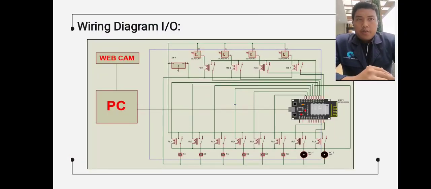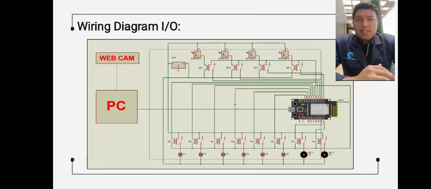Diagram. We need a webcam, PC, 6 sensors, conveyor motor, and ESP32. Here the webcam as a vision sensor is connected to the PC using the Visual Studio application as a color filter. After that, the ESP32 is connected to the PC via a USB cable.